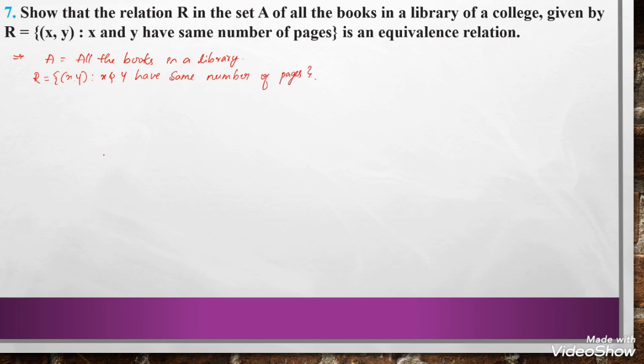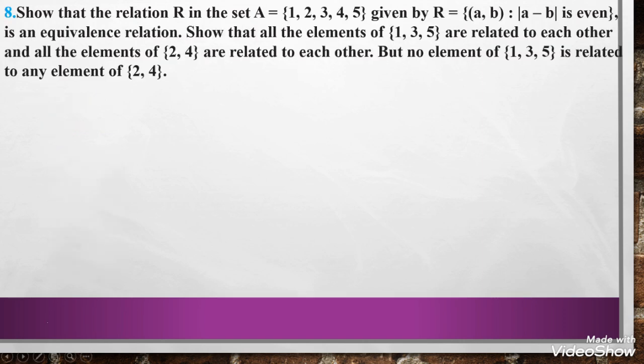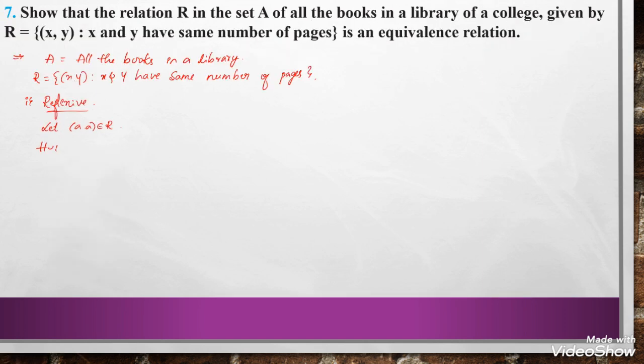Now, check the conditions one by one. First one, reflexive. According to the definition, (A, A) belongs to R. Here, I will consider any one book. Let X be any book.